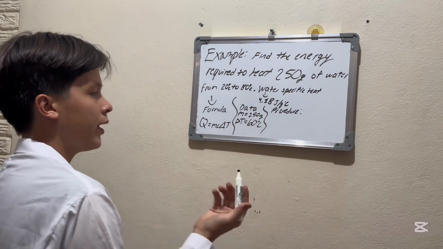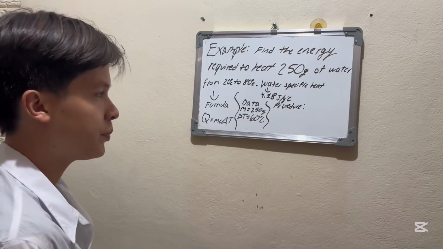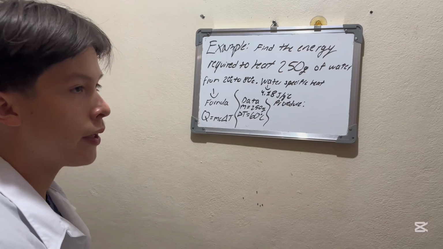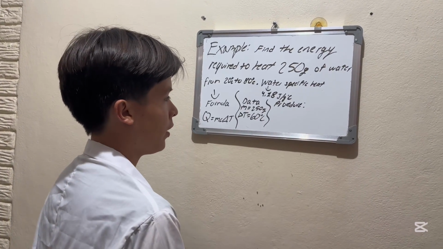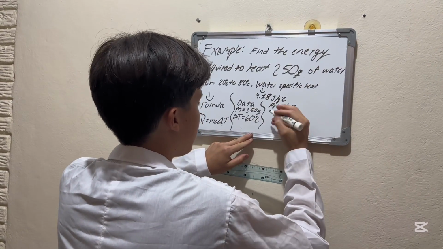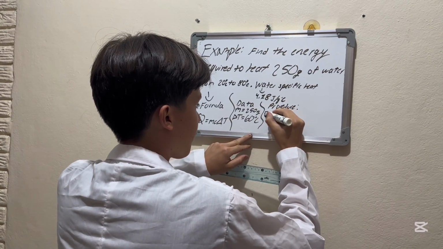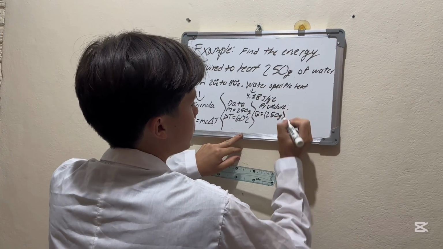Finally, we already have the specific heat of the water, because it's the liquid that we are working with. So finally, we just replace all the values in the formula. The mass is 250 grams.